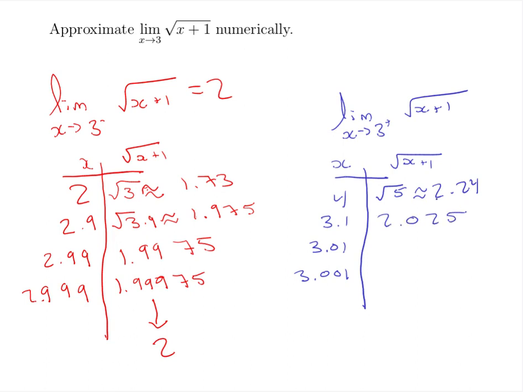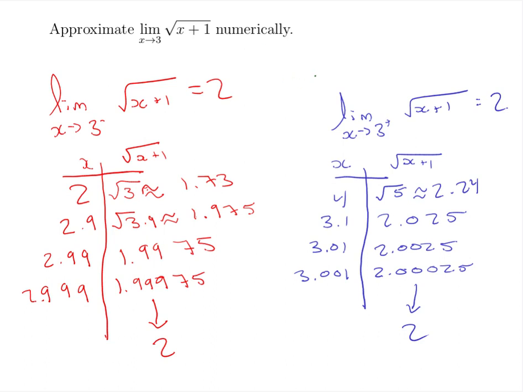And then I'll put in 3.01, and I'm going to get 2.0025. And then I'll put in 3.001, but we can already see what's happening. I'm going to get 2.00025. And again, we'll notice that these look like they're going to 2. So we might say that the limit on the right is also 2.